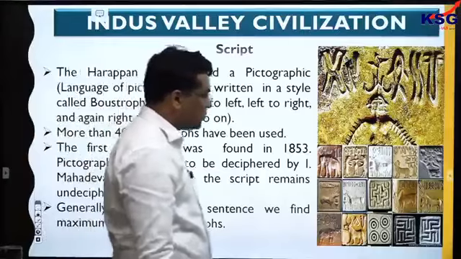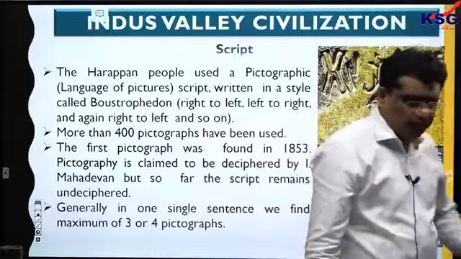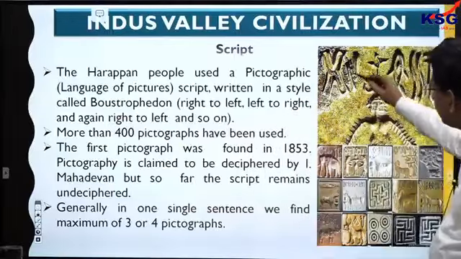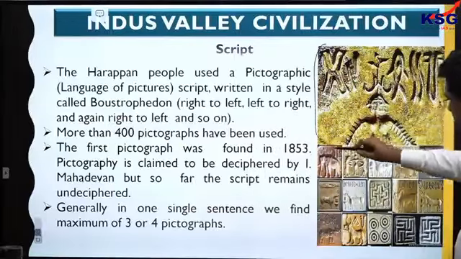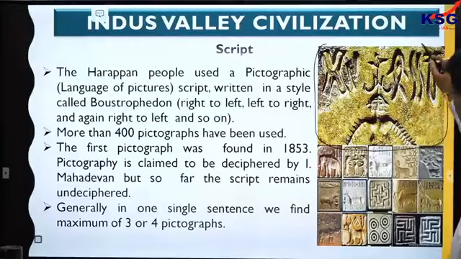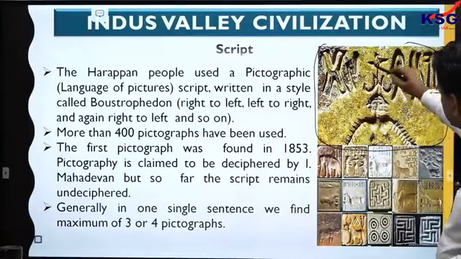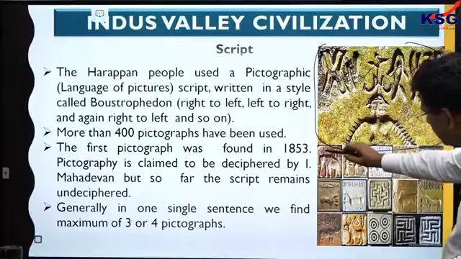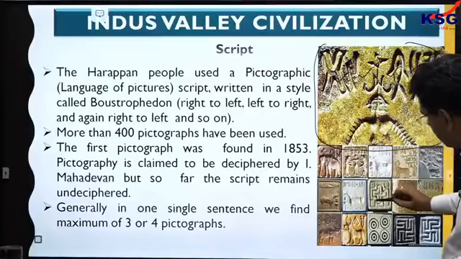Is it visible to you or not? Look, these are the seals. You can see them in your NCERT also. On the seals there are these symbols, the small script.